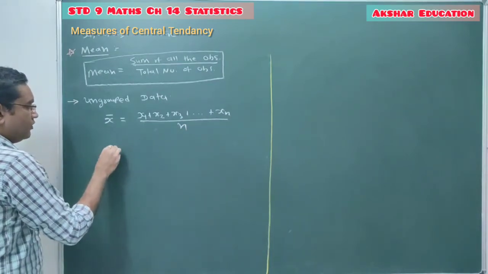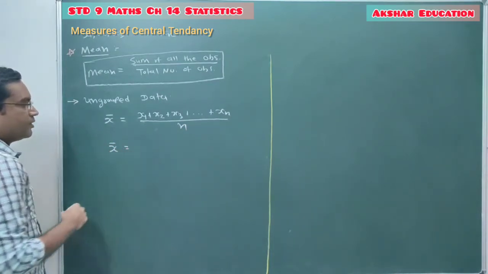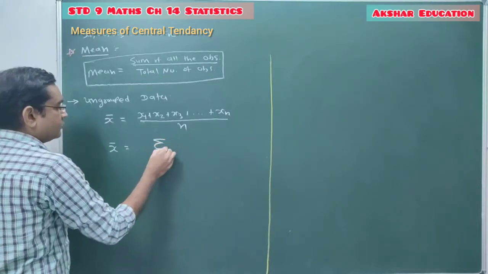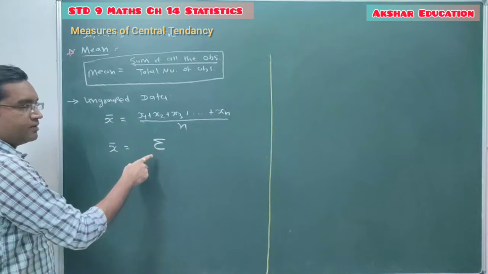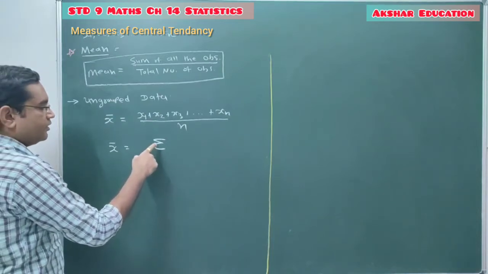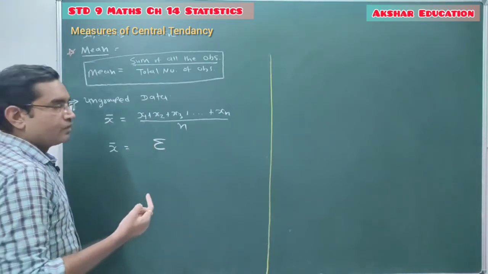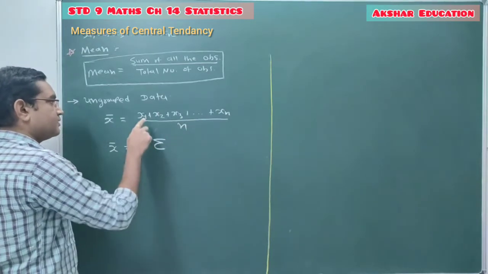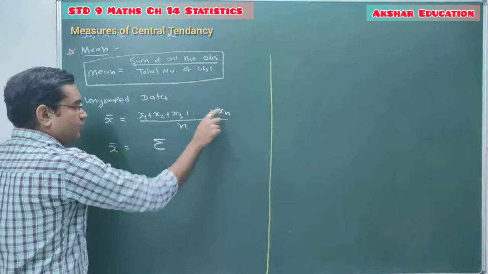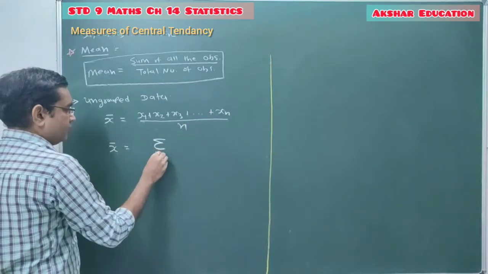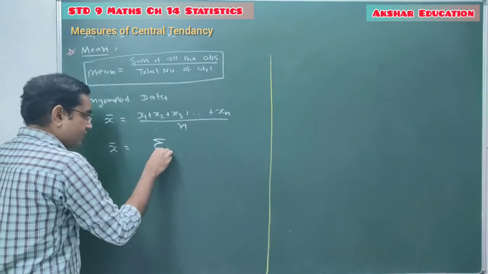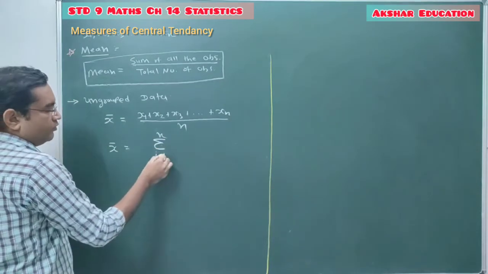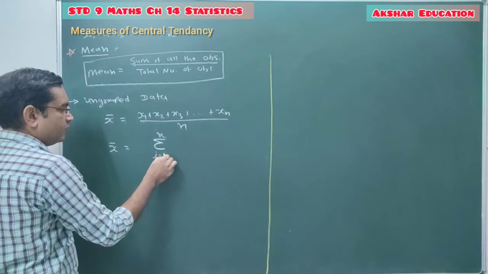This sum of all the observations is also represented by using one mathematical symbol. That mathematical symbol is nothing but sigma. This can be read as sigma. So here sigma means sum. It will take the sum of all the n number of observations starting from 1 and up to n. So here we have to define our subscript i, which starts from 1 and goes up to n.